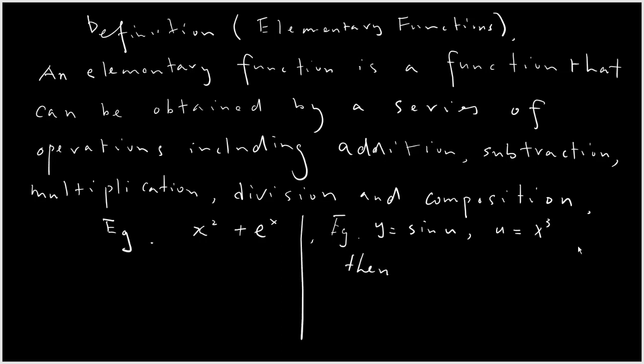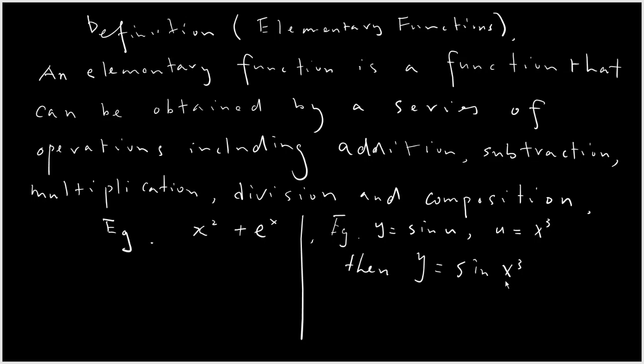Now look at the mouse cursor. Wherever you see u in here, you replace u with x cubed. So y as a function of x is going to be sine of u, where u is now replaced with x cubed. We say y is equal to sine of x cubed.